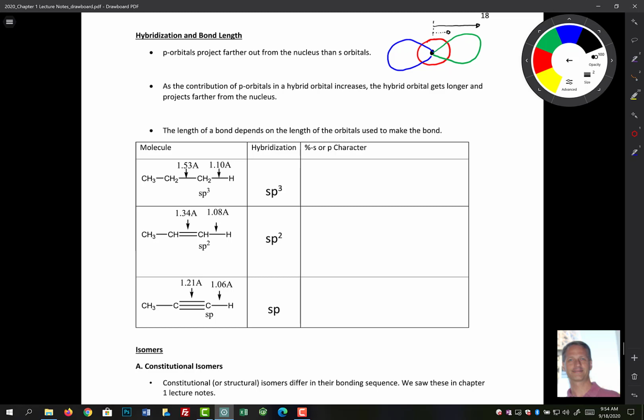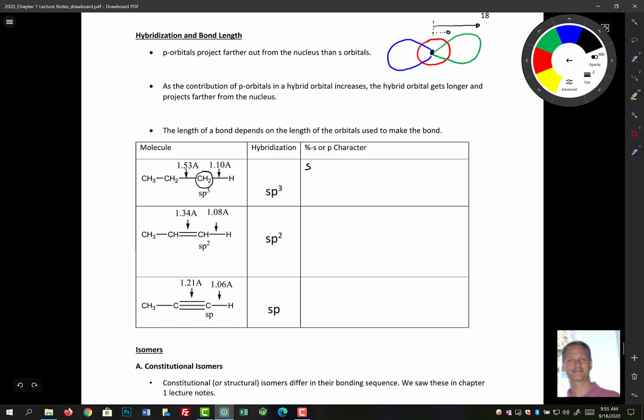So as the contribution of p orbitals in the hybrid orbital increases, the hybrid orbital gets longer and projects farther from the nucleus. Okay, so if we look down below, that affects the length of bonds. This is how I always remember this thing. So if we look at a molecule like this, and we look at a carbon like right here, that's sp3. So if we're sp3, what percent s character are we? Well, there's a total of 4.